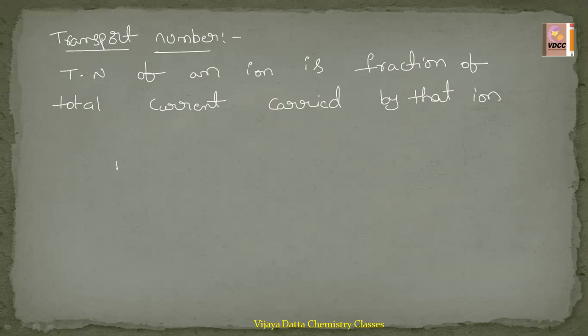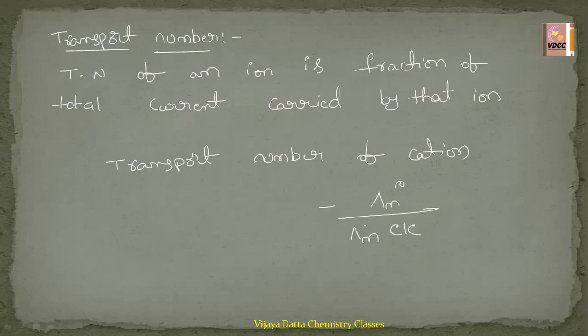If you are calculating the transport number of a cation, then the formula will be standard molar conductance of the cation by standard molar conductance of the electrolyte. Okay, this is about the transport number and ionic mobilities.